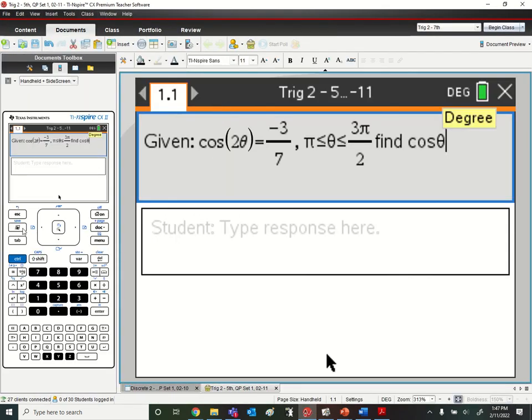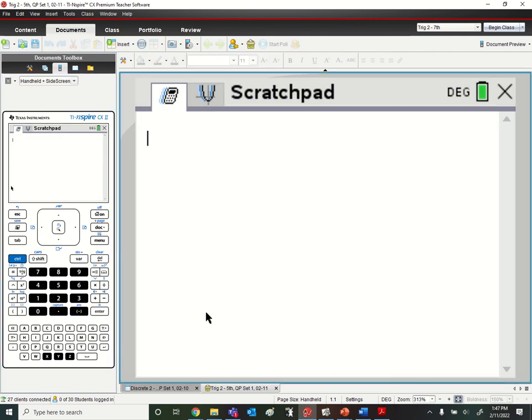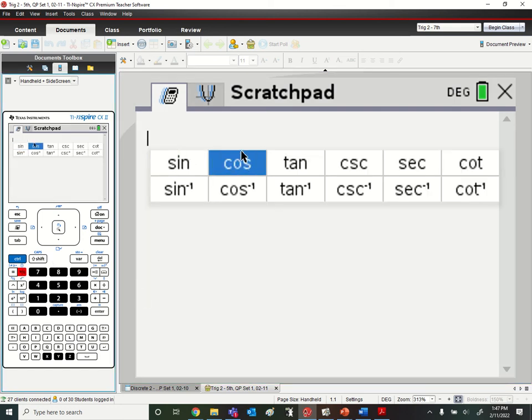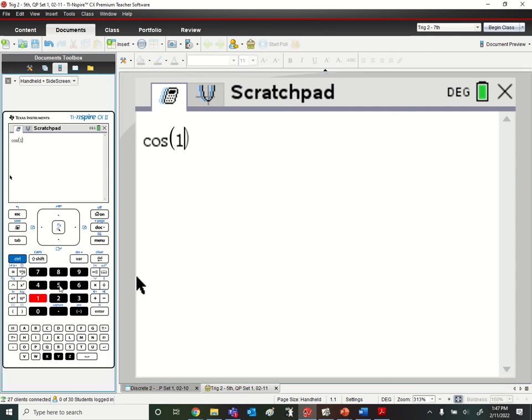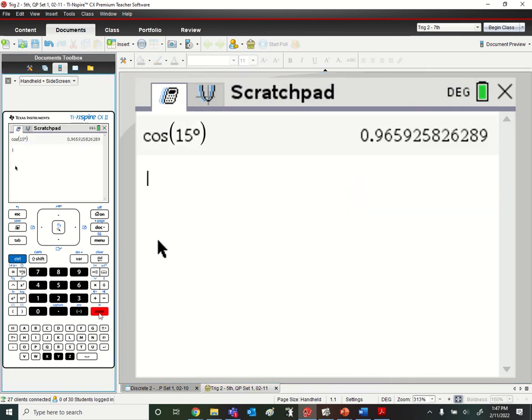What mode am I in right now? Okay, because it gives you 15 degrees, right? So we start with cosine of 15 degrees. Hit enter.